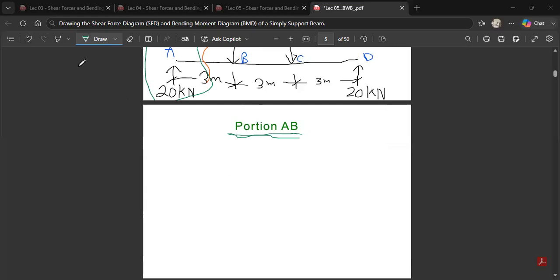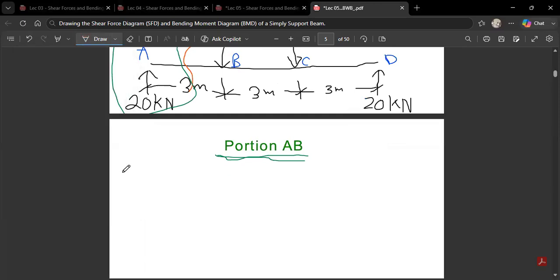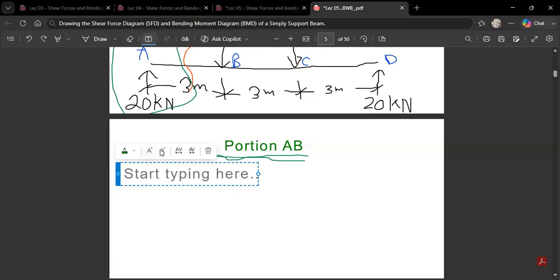So this is considering the left hand side. So that is it. So we are considering the left hand side.